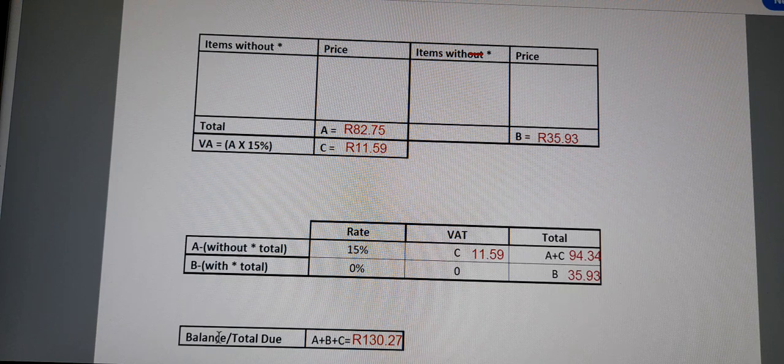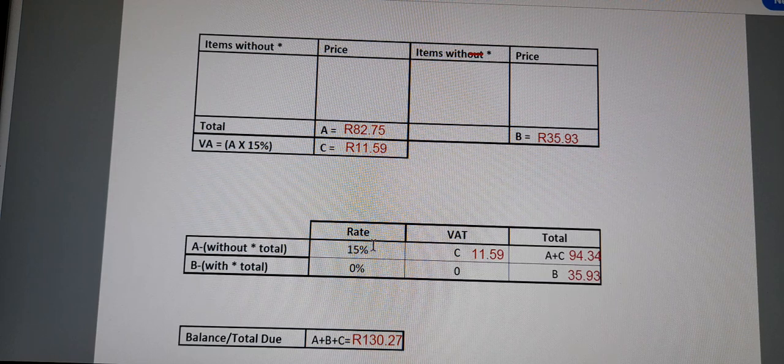You can start by getting the total balance due. You add A, B, and C, and then you draw your second table, which has got rate, VAT, and total. Rate, and here it will be for without the asterisk total, which is A, and with asterisk total, which is B. Okay, and this will be 15%.